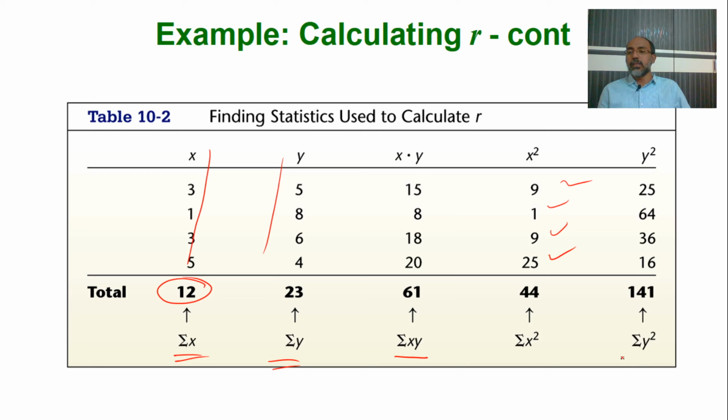So sigma y square you got 141, sigma x square you got 44, sigma xy, the combined effect, is 61, sigma y you got 23, whereas sigma x is 12.